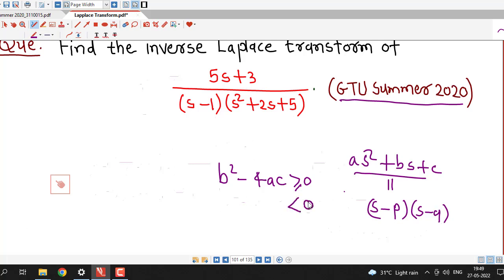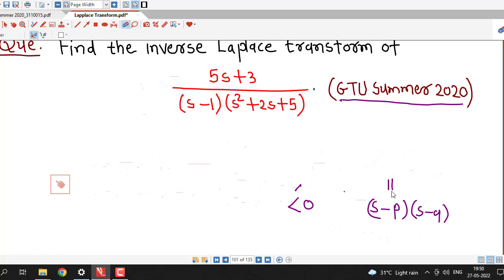And if b square minus 4ac is negative, it cannot be factorized as a product of two real linear polynomials in s. So here s square plus 2s plus 5 is an irreducible polynomial.